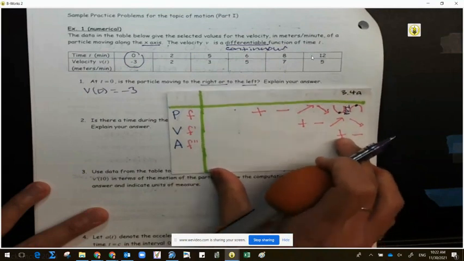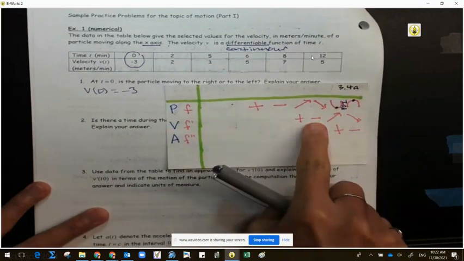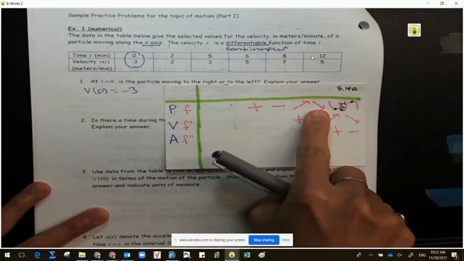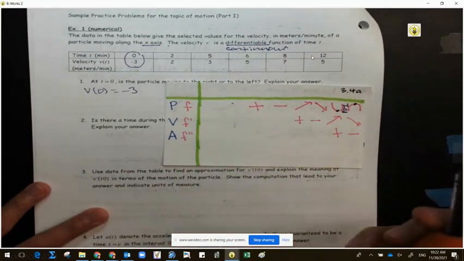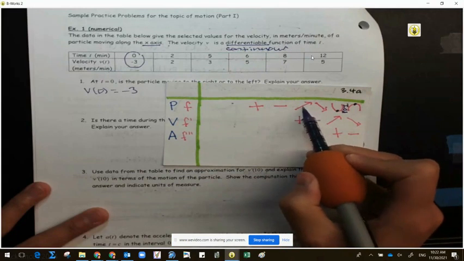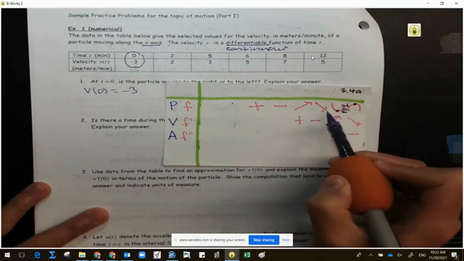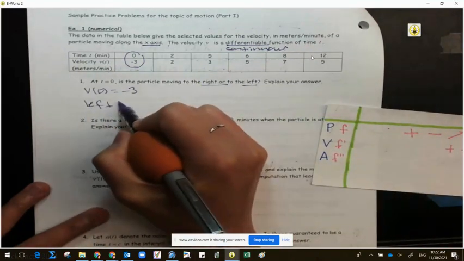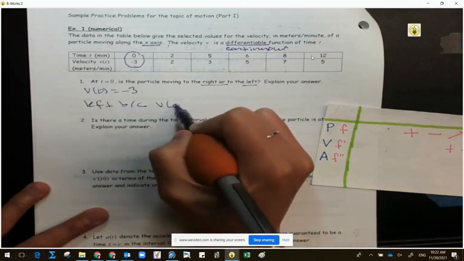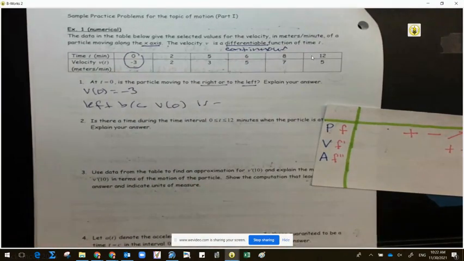And let's see what we have on the card. If the velocity is negative, the particle is going to the left or the right. Now, the way we're reading this is the following. When it's going up, it's considered going to the right. When it's going down, it's considered going to the left. So it's going to the left. Let's write left, because v of 0 is negative.